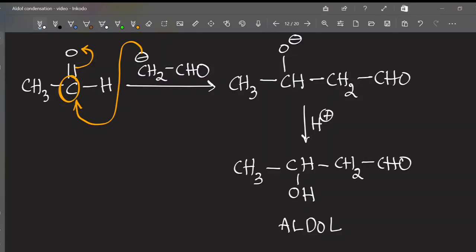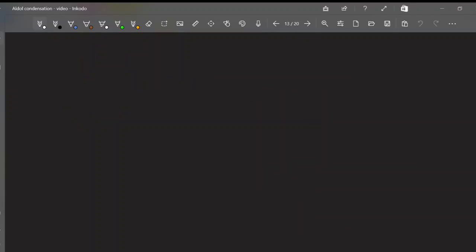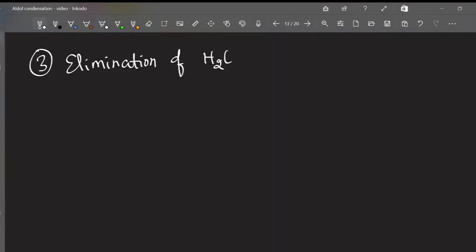Hope it is clear. Now, in the last step, we will see the elimination of water from aldol. What will it give us actually? Alpha comma beta unsaturated aldehyde only, or ketone, right?